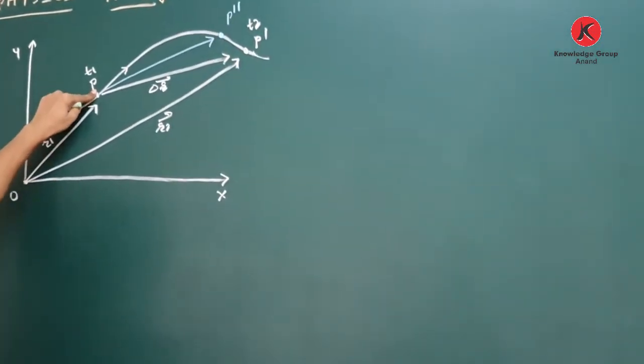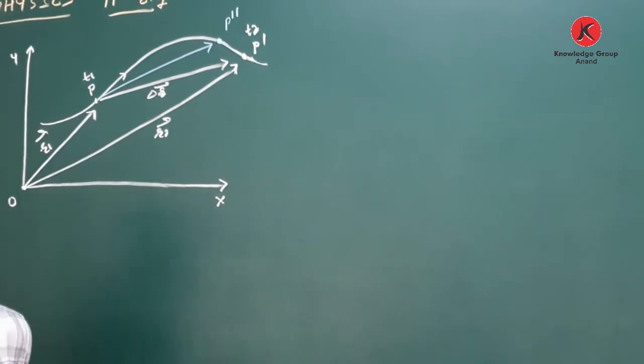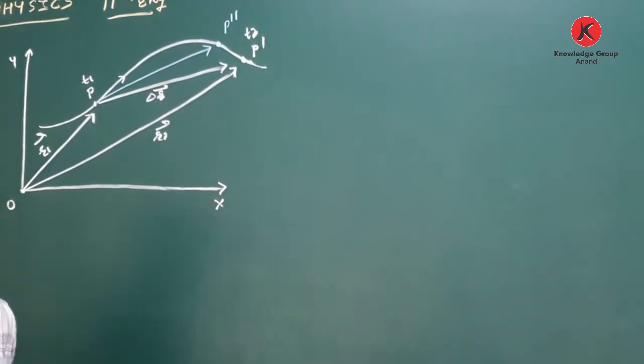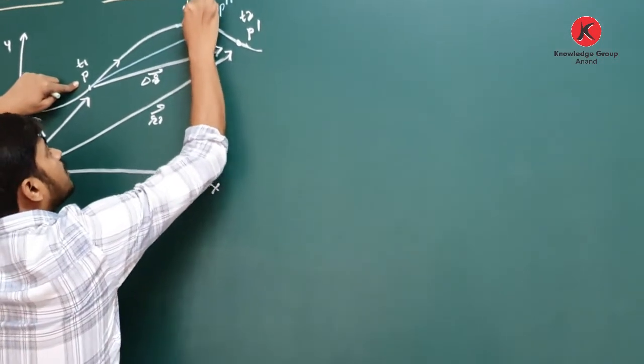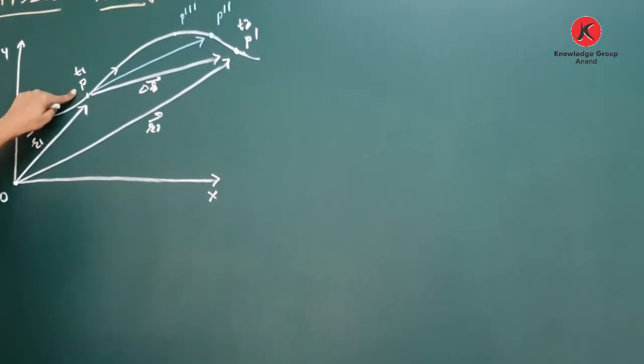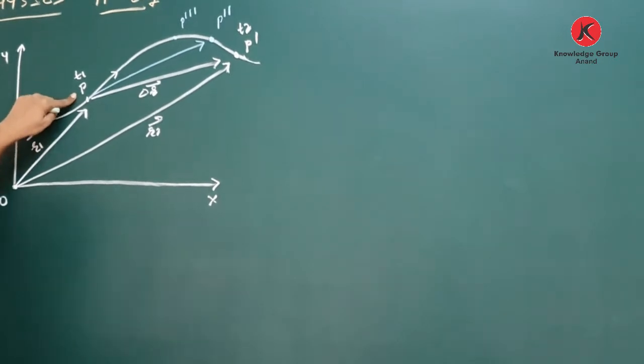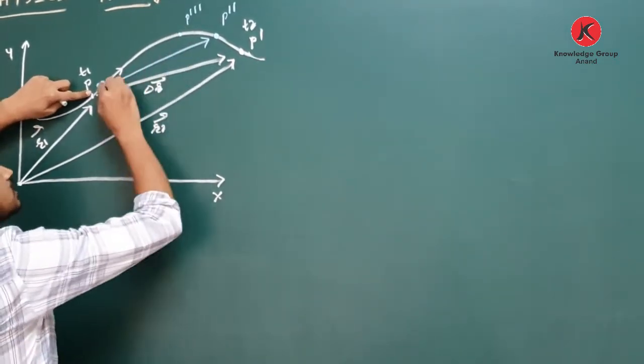Again, if I take a smaller time interval, the final position will be at this point, suppose P triple dash. Then what is the displacement? It is from initial position to final position.